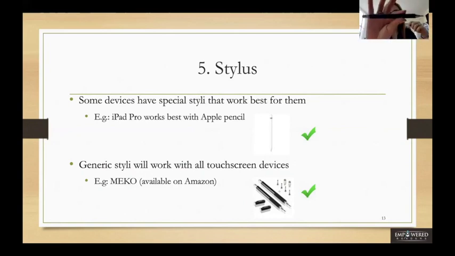And again, this stylus has two different ends. My younger students tend to kind of like this end. My older students tend to like this one. It has a little bit more precision, but the younger ones, this is kind of something they like to play with, and it doesn't necessarily last as long.